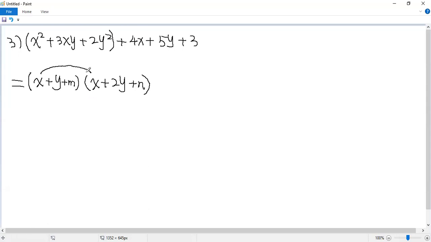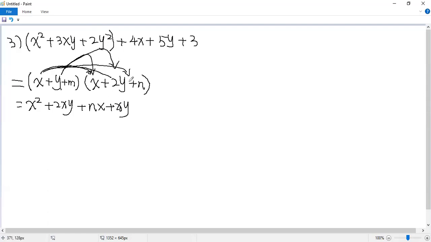So x times x equals x squared, x times 2y, 2xy, x times n, nx. Now, y times x, xy, y times 2y, 2y squared, y times n, ny.